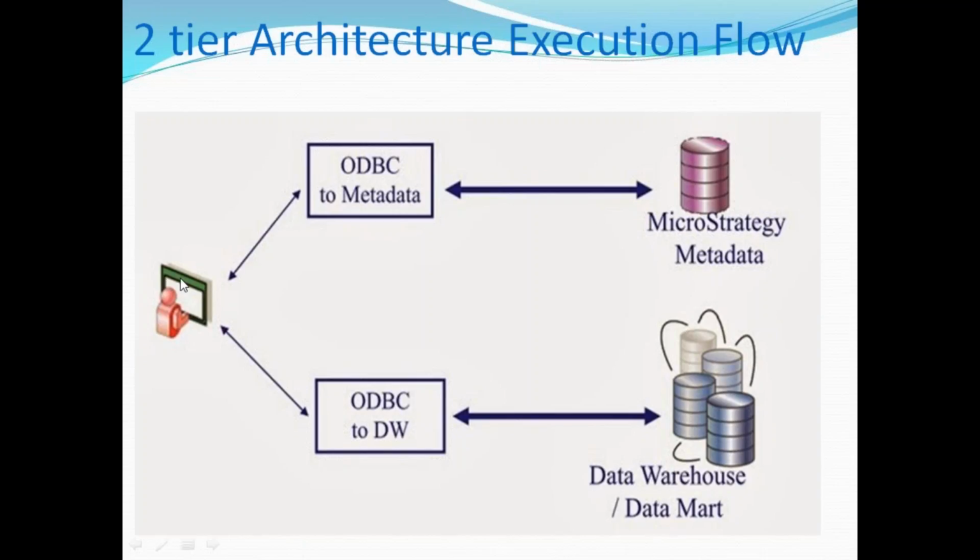So in case of MicroStrategy, assume you created any object. Yesterday I said in MicroStrategy we have different types of objects, right? So what are the different objects we have in MicroStrategy? Schema, then public, and what else?